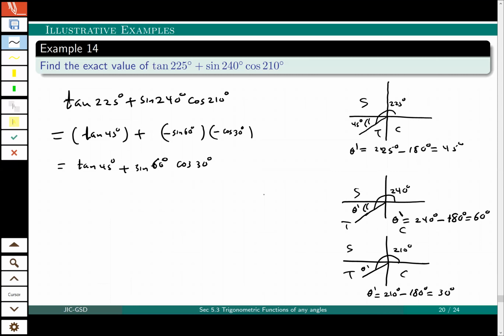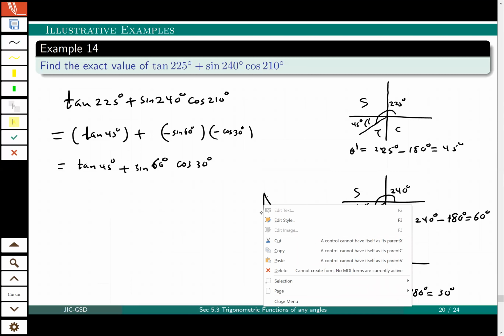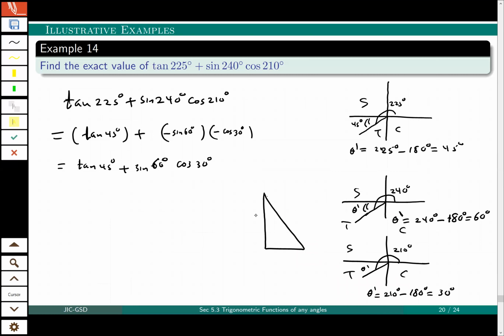I need the two triangles. This is 30, that's 60, 2, 1, square root of 3. I have 45, 45, 1, 1, square root of 2.